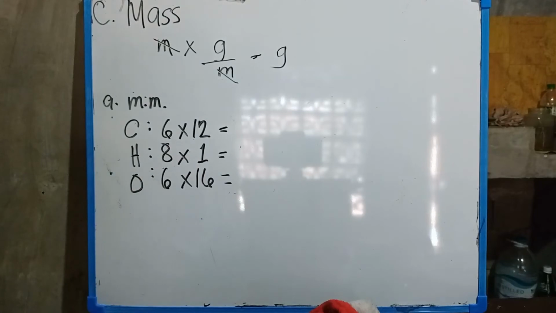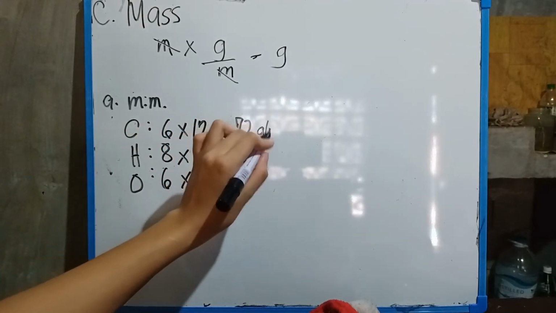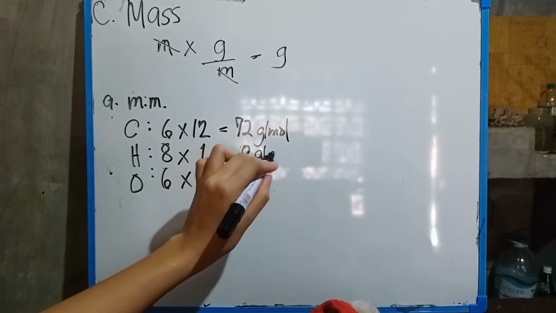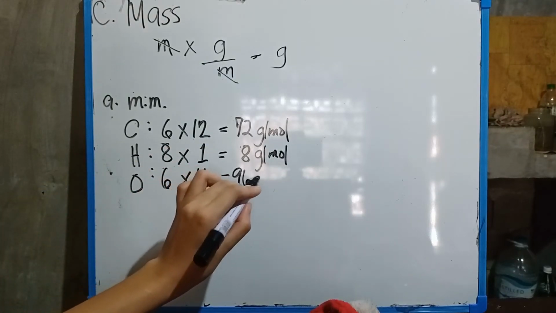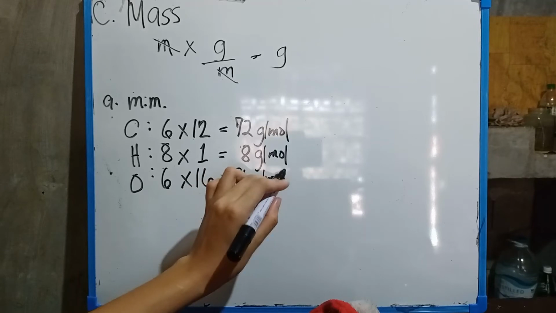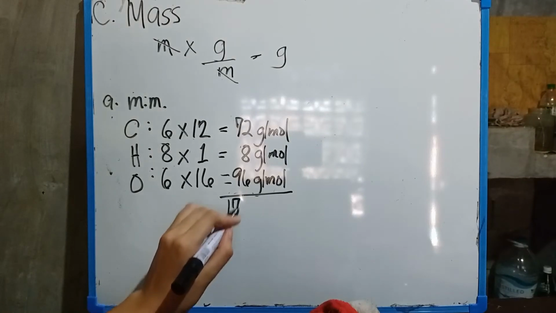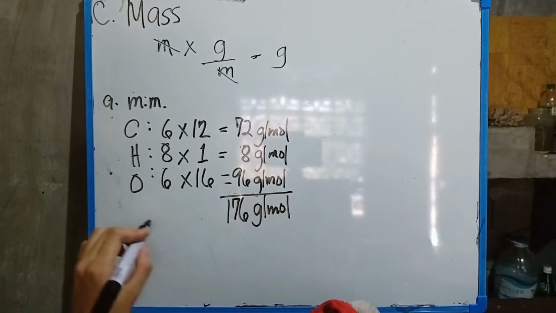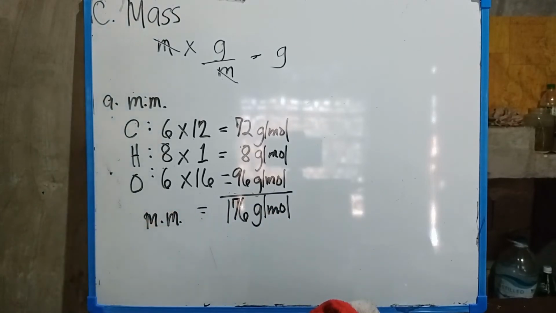So 6 times 12 is 72 grams per mole. 8 times 1 is 8, and 6 times 16 is 96. So 72 plus 8 plus 96, we add them again, is equivalent to 176 grams per mole. So we have now our molar mass of the compound.